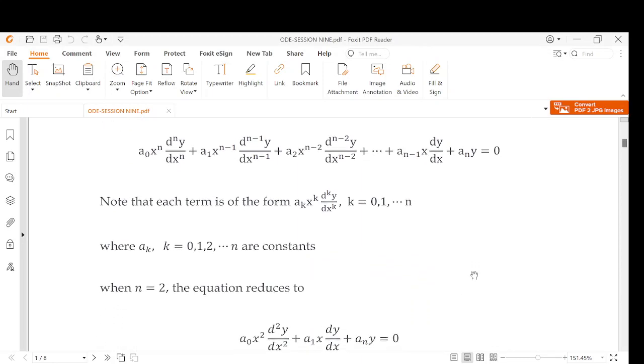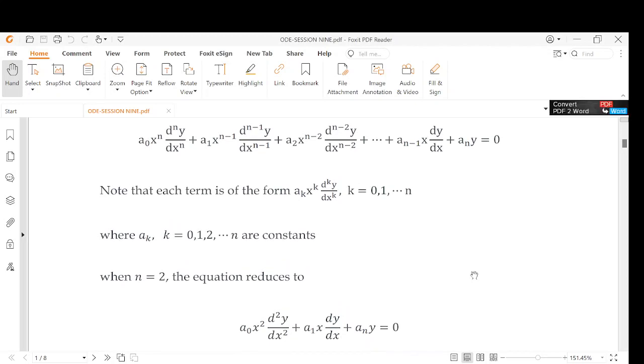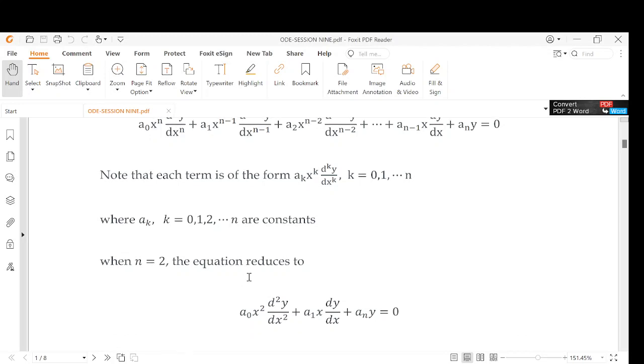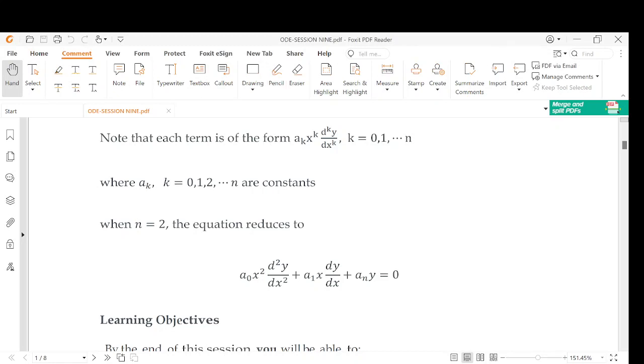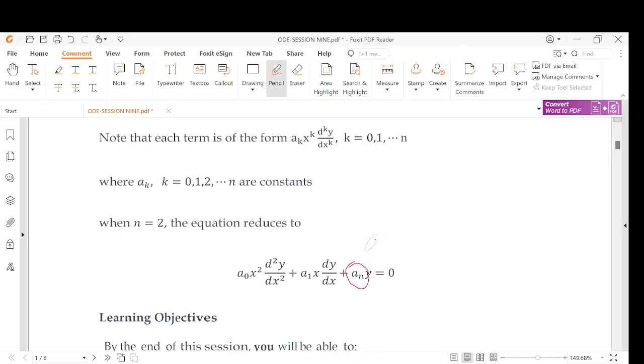So, in this course, we shall consider the special case where n is 2, so that our differential equation will reduce to a second order ordinary differential equation of the form a naught times x squared times the second derivative of y with respect to x, plus a1 times x raised to power 1 times dy dx, then plus a2 y.